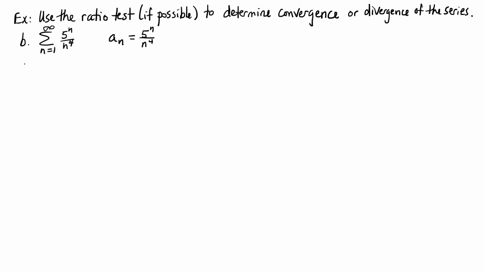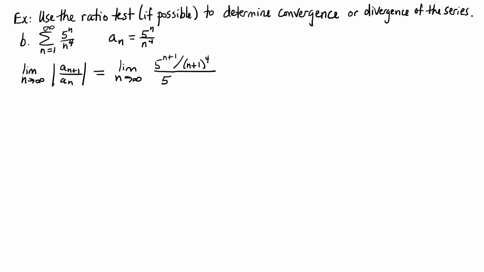And we're going to just find the limit as n goes to infinity of the absolute value of the ratio a sub n plus 1 over a sub n. So in this case, that would be the limit as n goes to infinity of 5 to the n plus 1 over n plus 1 to the 4th divided by 5 to the n over n to the 4th.